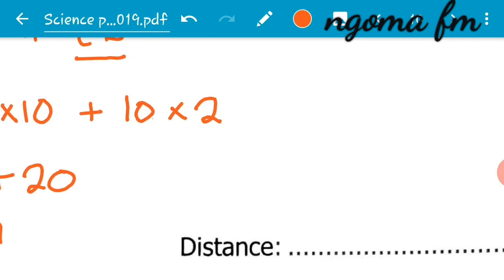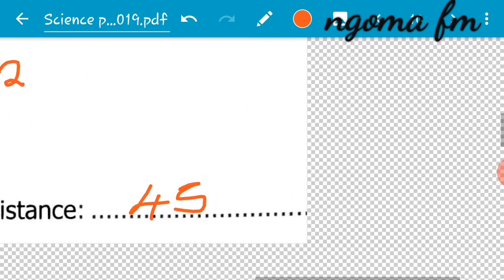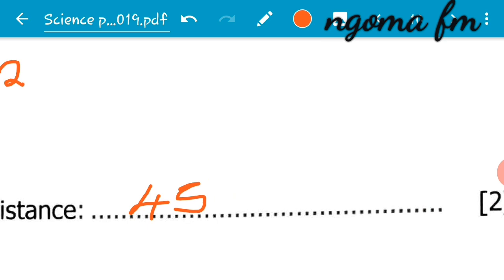So here what we're going to write is 45. 45 what? 45 meters. Always take note. Check at the end, somewhere here. Sometimes the examiner will actually put the unit, sometimes they won't.